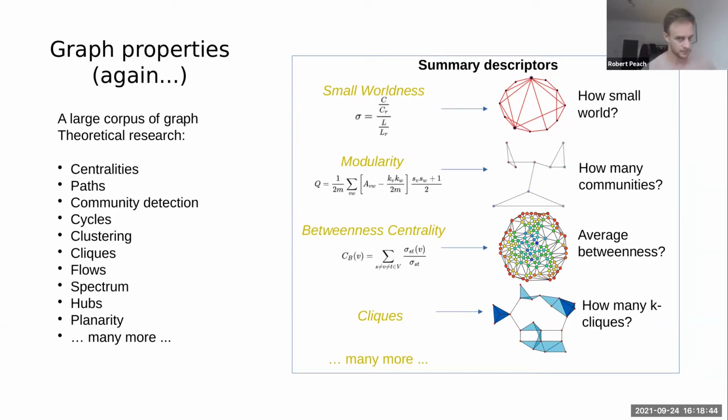We might compute the betweenness centrality, and then we can turn that into a summary descriptor by saying, what is the average betweenness centrality, or what is the standard deviation of the betweenness centrality, or how many cliques are there? And so these are all single value measures that provide a description of your graph.